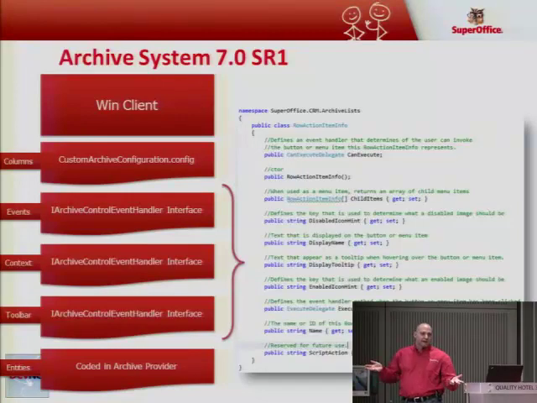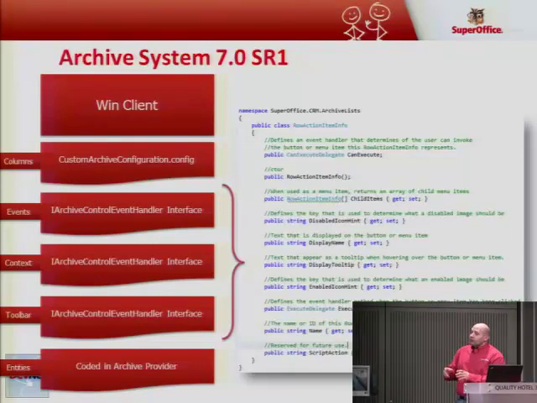You can't have child buttons on a button, but you can have child menus on a menu. Disable icon hint and enable icon hint are for future implementation. Basically, this is, what do I want that image to look like when it's enabled? What do I want that image to look like when it's disabled? When we have the image capability on a button or a menu item.